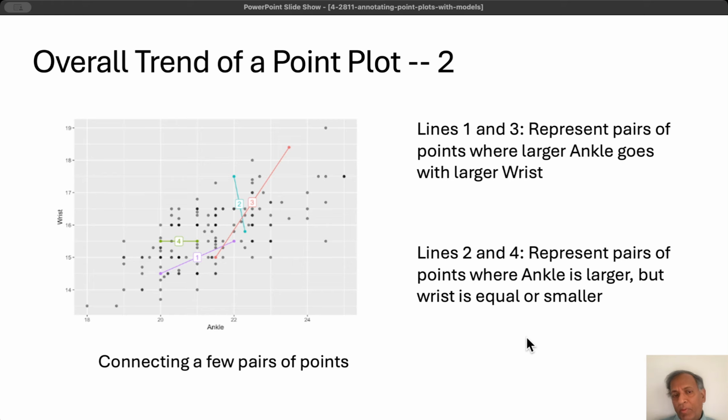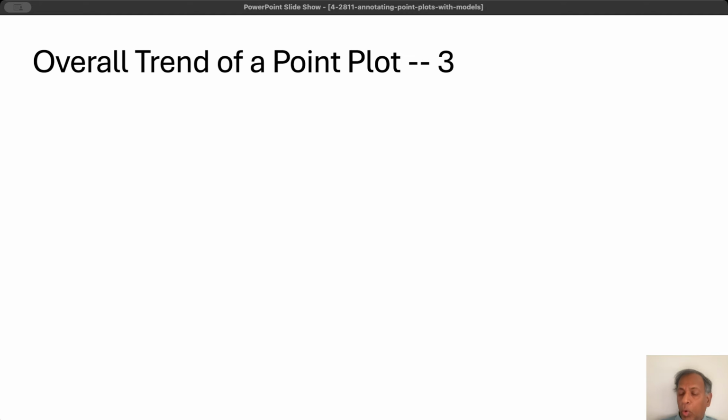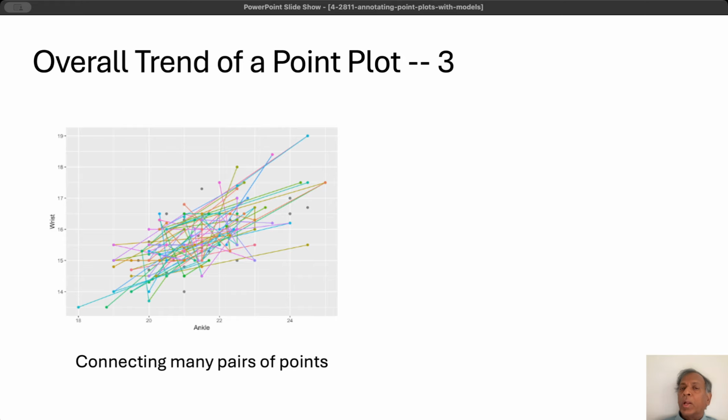Now, given that you've got 4 lines, 2 of them represent one trend and 2 of them represent another trend, what do we do? How do we come to a conclusion? Well, what we could do is connect pretty much all pairs of points. Of course, we're not going to do this because there's going to be a tremendous number of points.